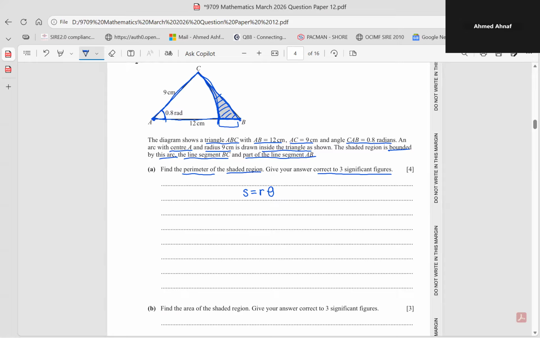And this formula, if you forget it, it's also given in your MF19. So don't worry, okay? All right, so just multiply the radius, which is 9, times the angle, 0.8. You will get 7.2 centimeters for the arc length.